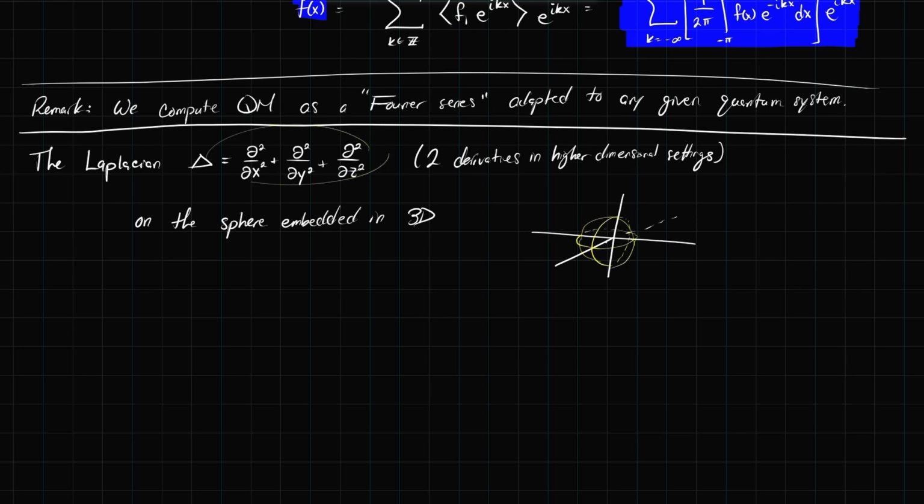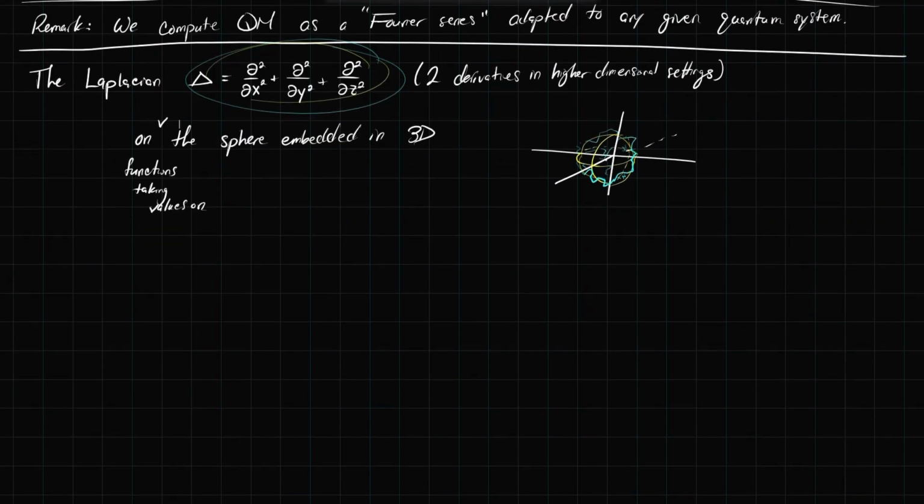We're going to compute this operator, and it's really on functions taking values on the sphere. You can imagine the height of the mountains on the Earth, that's a function taking values on the sphere. So all around the sphere, you have something taking values. And when you act the Laplacian, when you act these multiple directional derivatives on it and add them together, you find out that this is a symmetric operator.